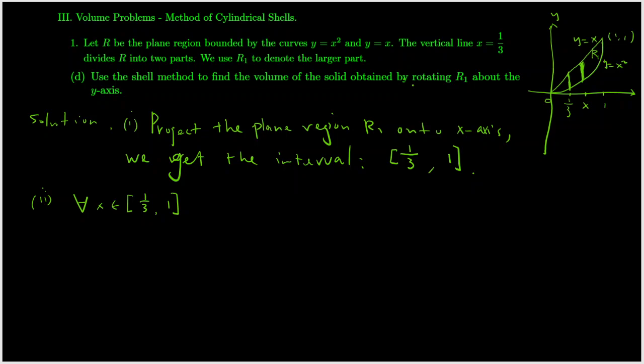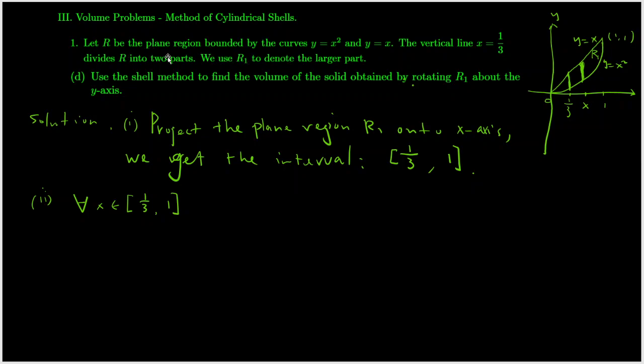The value of x between 1/3 and 1 will determine a little line segment, the very thick little line segment on the graph. I was trying to use that to represent the little line segment determined by x. This time you rotate the little line segment around the vertical axis.